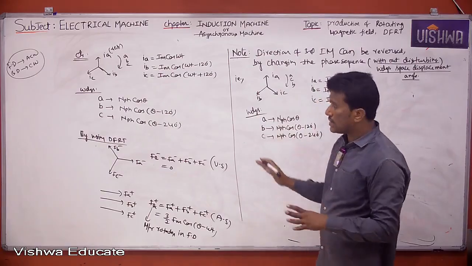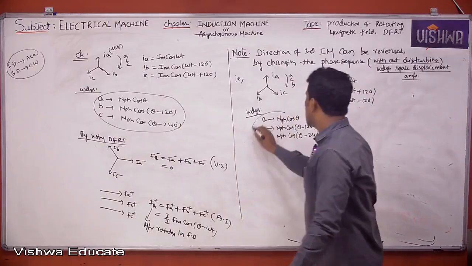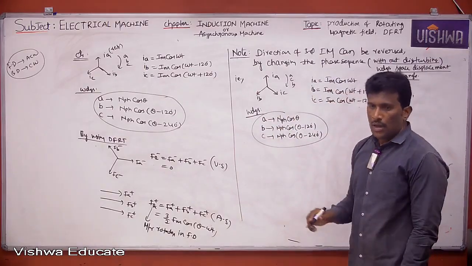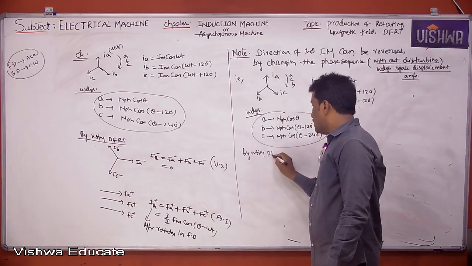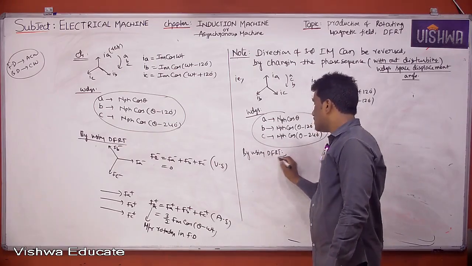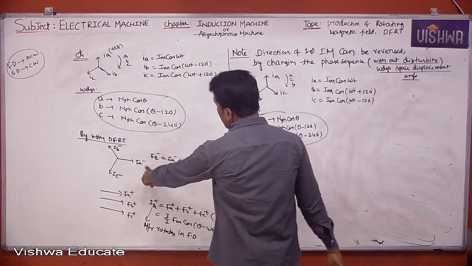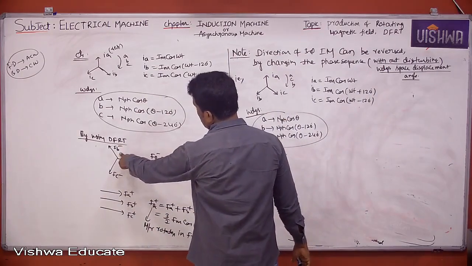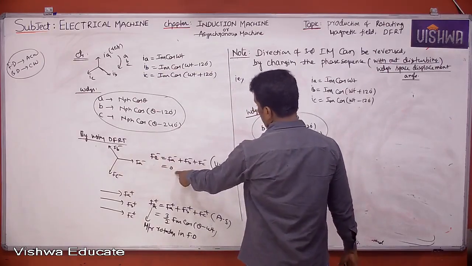We should not disturb the windings displacement angle here. And by using the double field revolving theory, which I already discussed previously, Fa minus, Fb minus, Fc minus are becoming like this. That means the resultant backward MMF becomes 0.